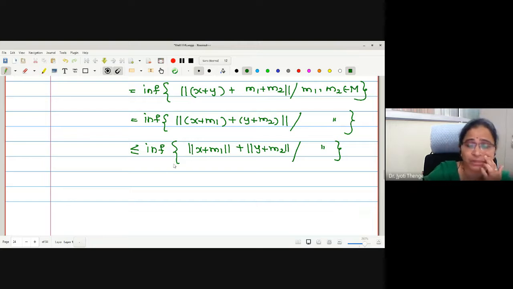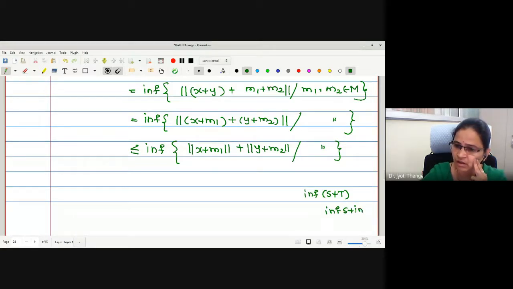Now I wanted to separate the infimum also, the infimum of the addition of two elements. If I want to separate, what kind of effect will be there? It is of this type: infimum of S plus T, two sets, and I wanted to write infimum S plus infimum T.